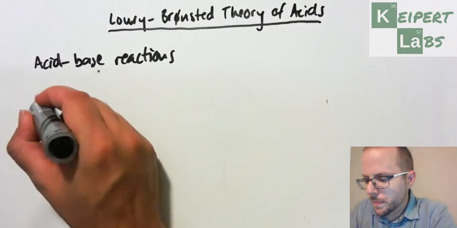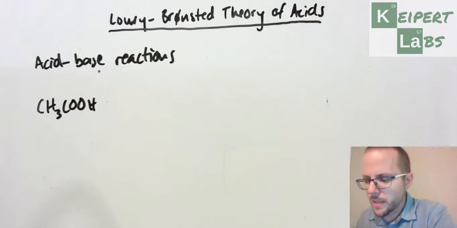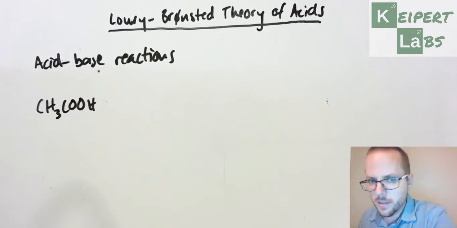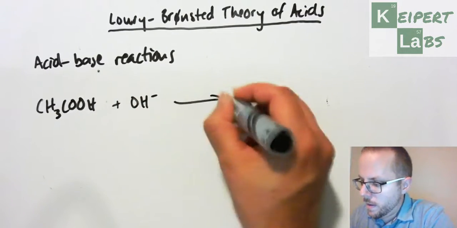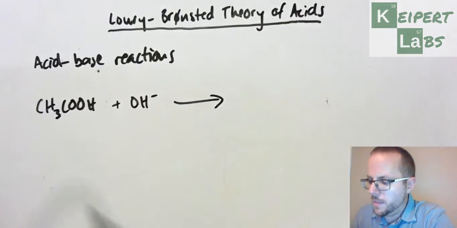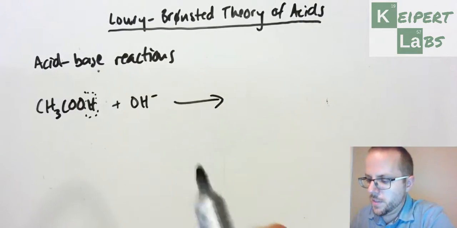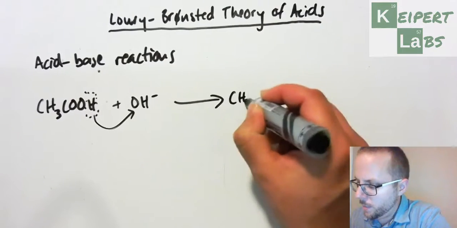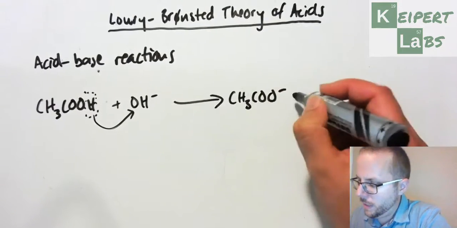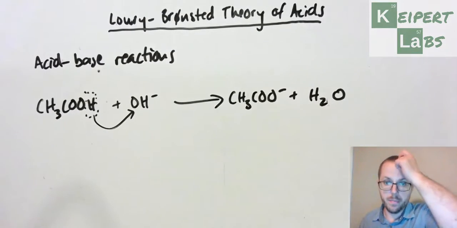Let's look at this one. This, if you remember, is acetic acid or ethanoic acid. It's this proton here that is going to get moved, from here to there, so we end up with the acetate ion being left behind and water forming on the other side.